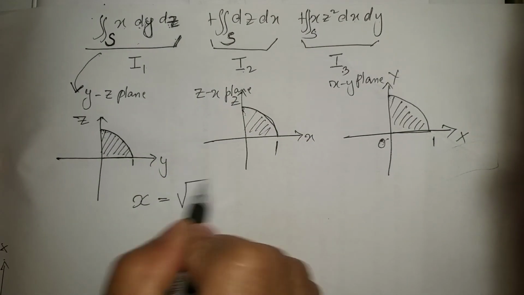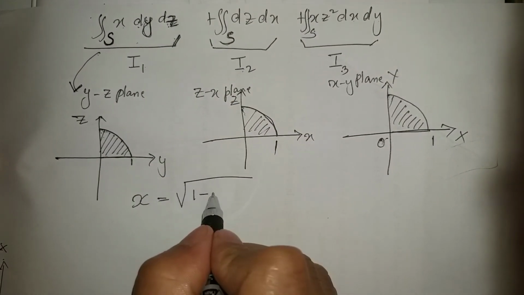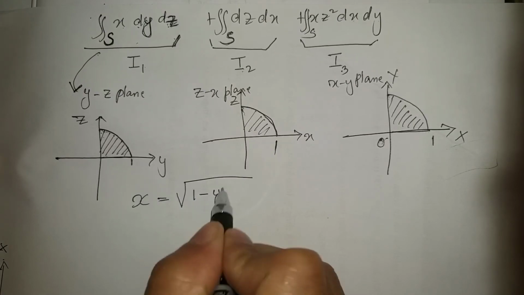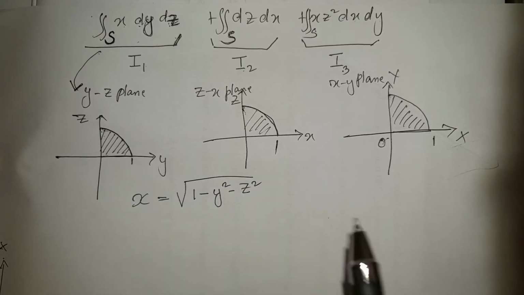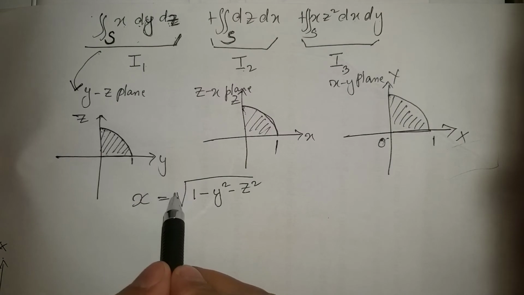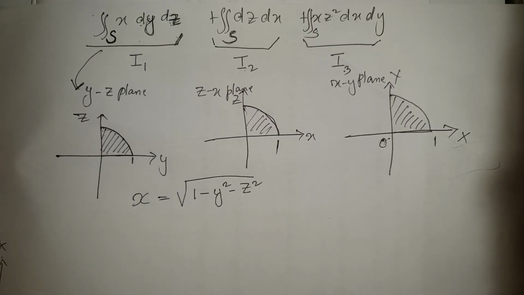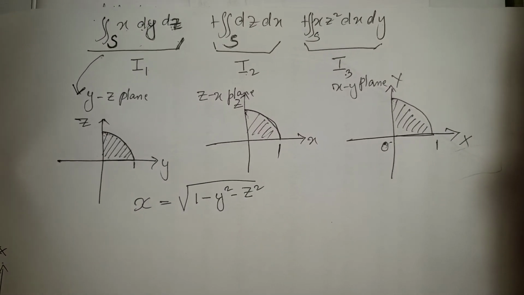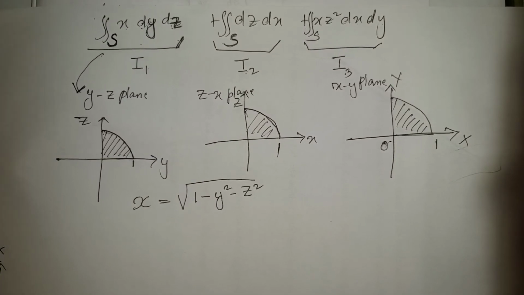So it will be the square root of 1 minus y squared minus z squared. We should take the positive sign, as we're taking the first octant.